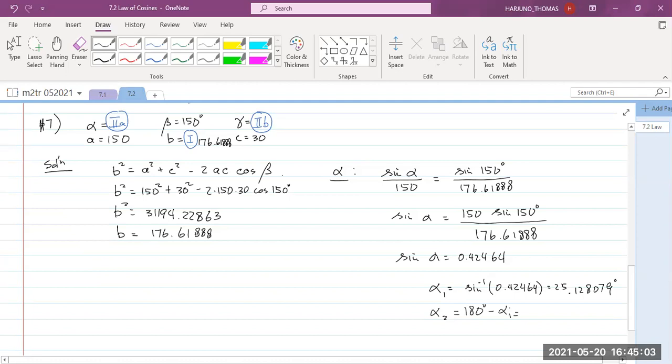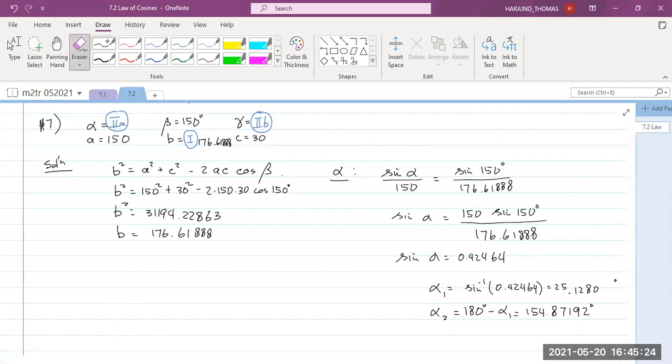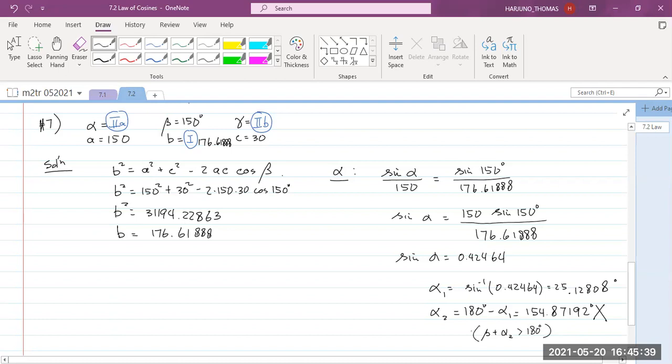Even though we know we will reject that, write it down and then reject, and then say why you reject that. Okay, but you cross this out since beta plus alpha 2 is already more than 180 degrees. That's why you reject that.